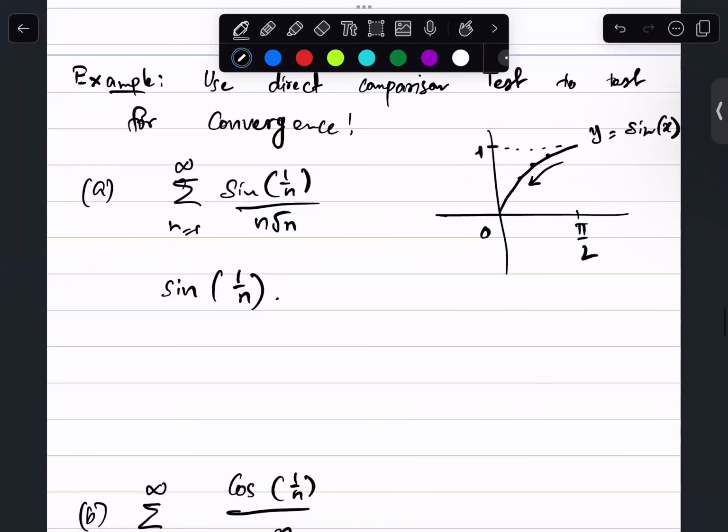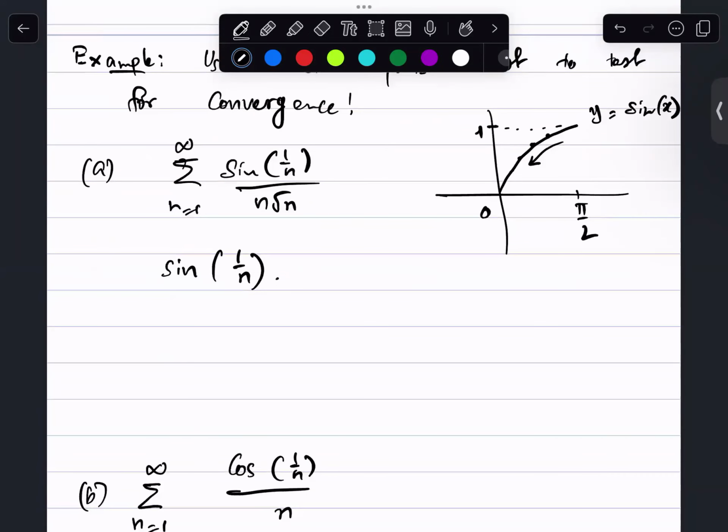Now, sine 1 over n over n times square root n is less than 1 over n times square root n. Why?